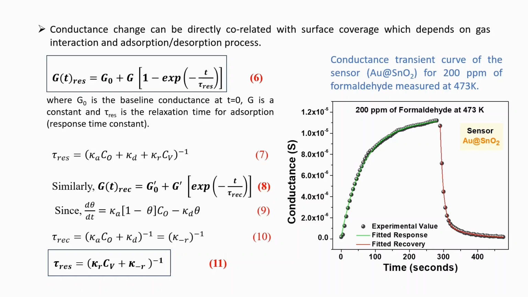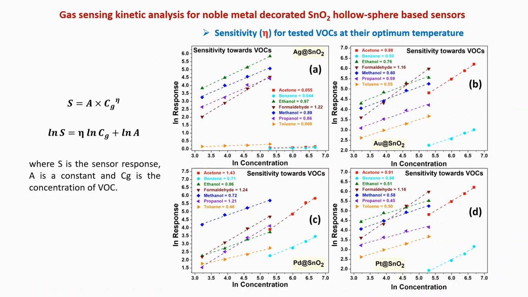The green line represents the transient response, and tau response was extracted from this fitting curve. And equation number 11 was further utilized to extract the parameters.